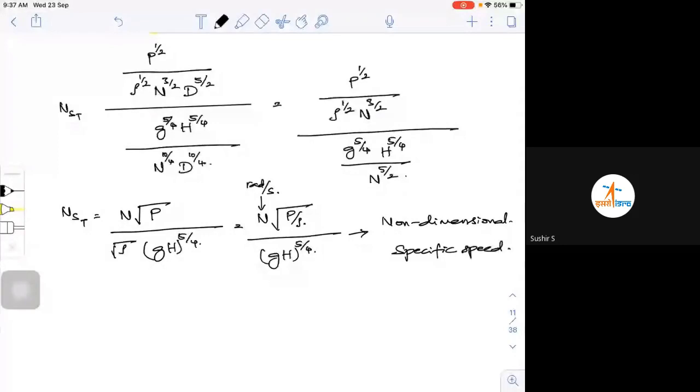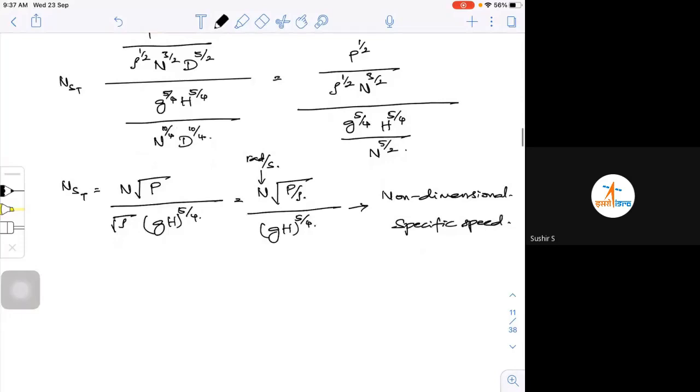Suppose I want to go with your regular revolutions per minute. Then the same thing I can write as NST equal to n divided by root P, where n is the speed in RPM.